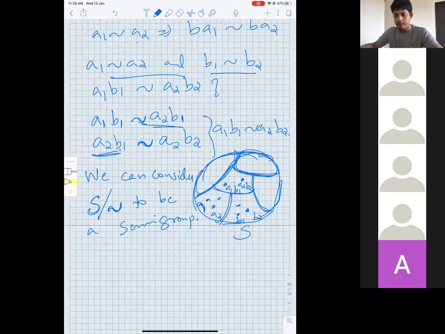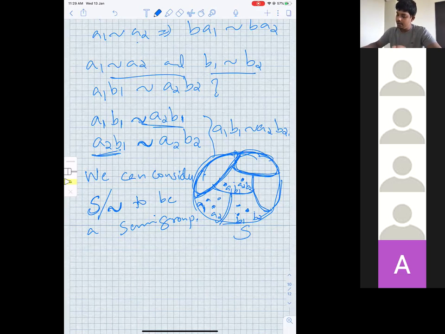Okay. So we can consider S slash tilde. If tilde is a congruence on S, I can consider the equivalence classes. I can make a new semigroup whose elements are equivalence classes of the whole semigroup, and the product operation is: if I multiply two equivalence classes, I get a third equivalence class.